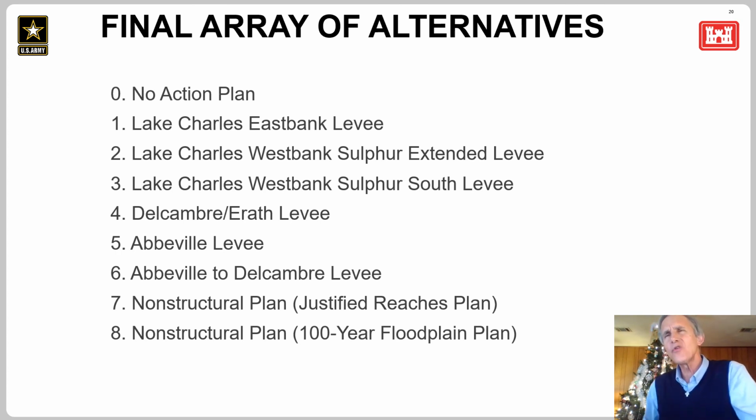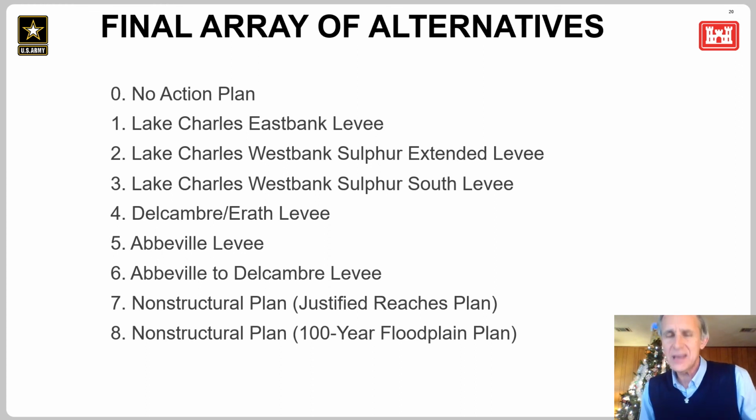But it's so spread out, this area, that it was very difficult to economically justify any type of structural approach, levees. Now, we didn't know that, but that's what we found. Actually, a levee was looked at along the whole length of the study area near the Gulf. And yes, it did reduce damages, but it was so expensive it couldn't be economically justified, especially not having the amount of property like you have in New Orleans.